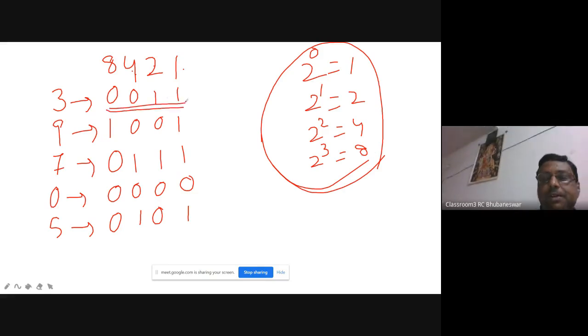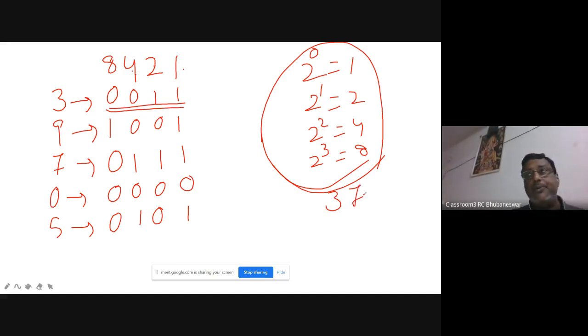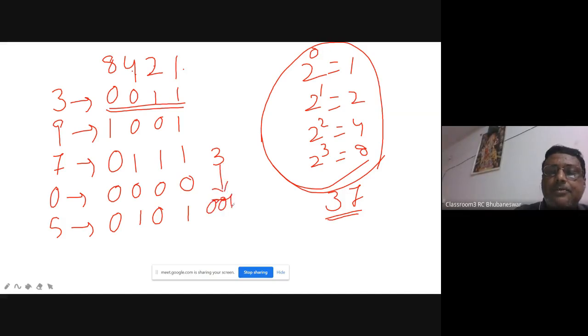Suppose you are using a number like 37. This particular BCD code we are using in our calculator. You know that a calculator is also an electronic device. So in a calculator, there is no key like 37. First of all, we have to press 3. Whenever we press 3, the value will come up as 0011.